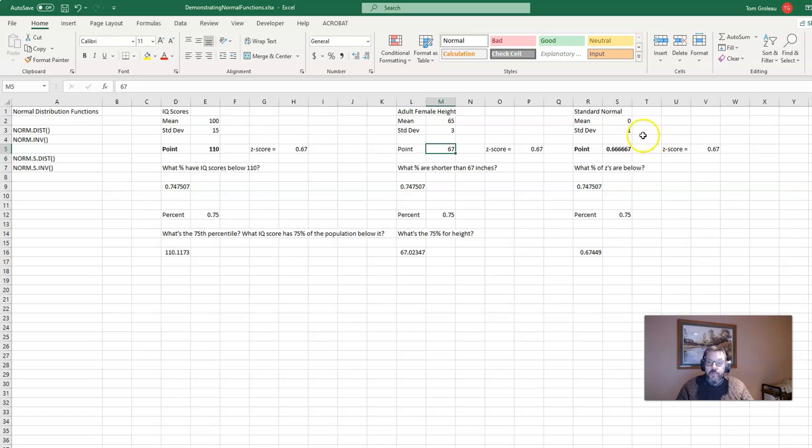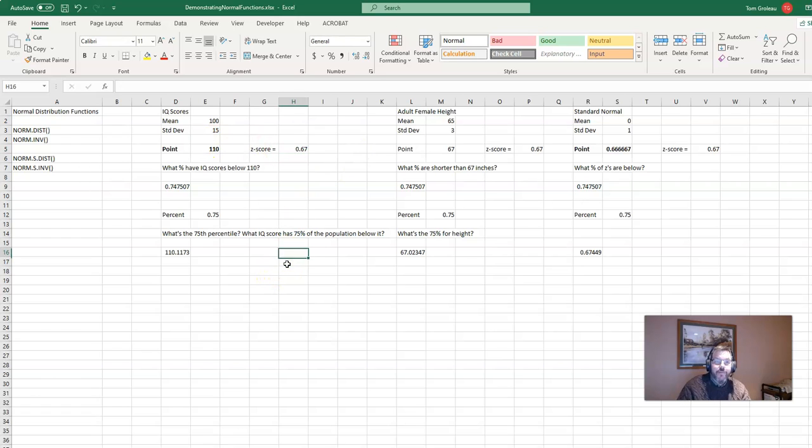Now notice I didn't use the standard normal function over here. I still used, if you look at these, and I'll put this out on Schoology so you can look at it, I'm still using the norm.dist and the norm.inverse. So, let's use the standard over here. I did the z-score calculation.